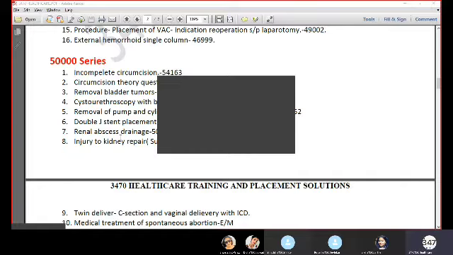And what is the code for this: repair of incomplete circumcision using clamp or other device with regional dorsal penile ring block? What is the answer?